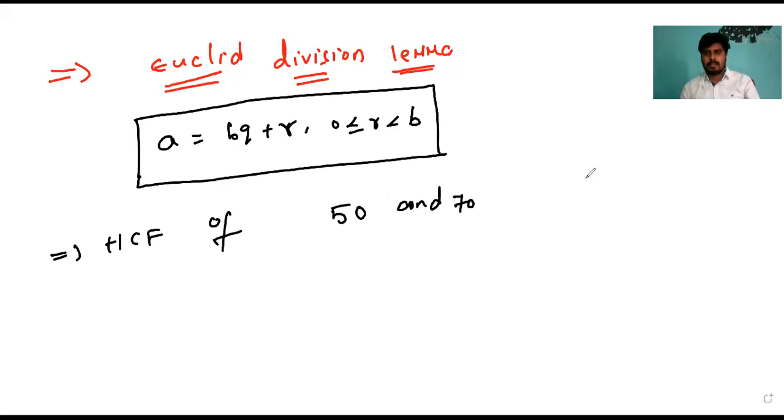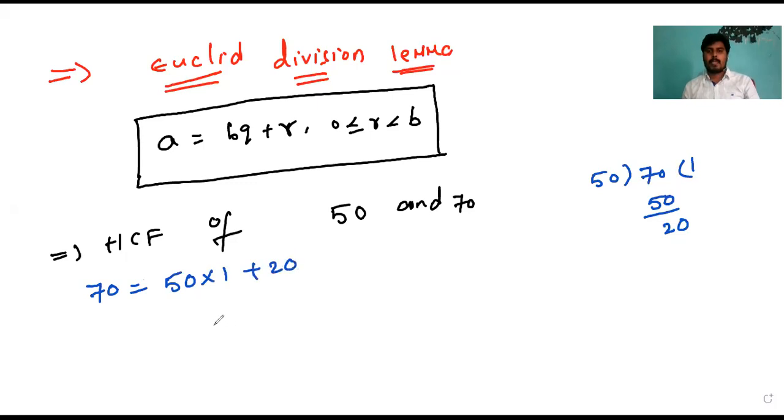So I'm taking division here. 50 once is 50, remainder is 20. Write that in Euclid division format: 70 is equal to 50 into 1 plus 20.